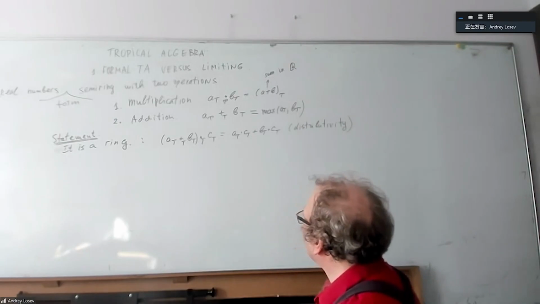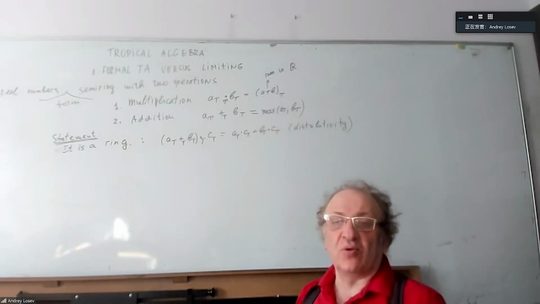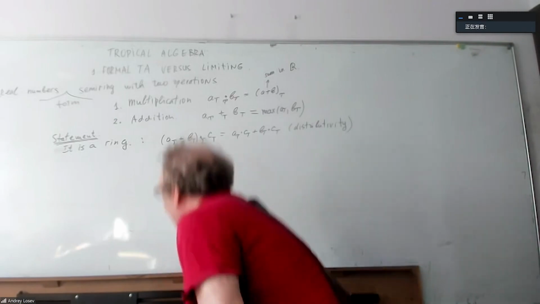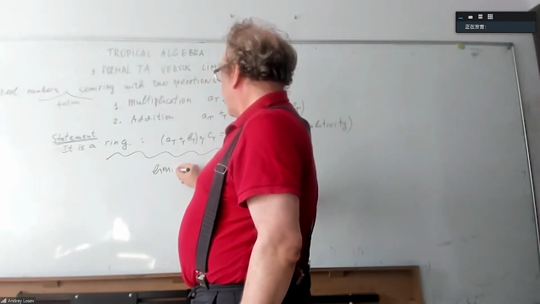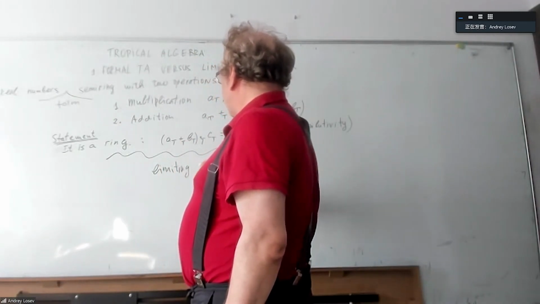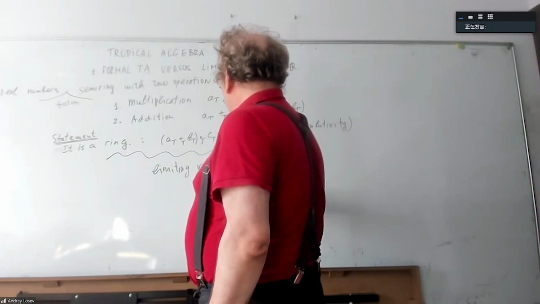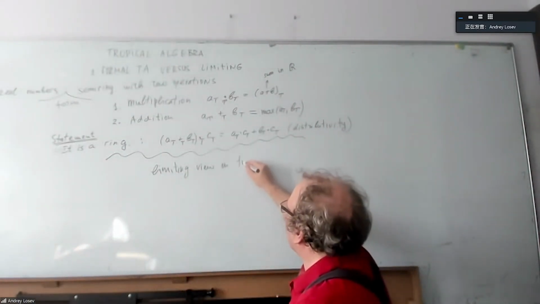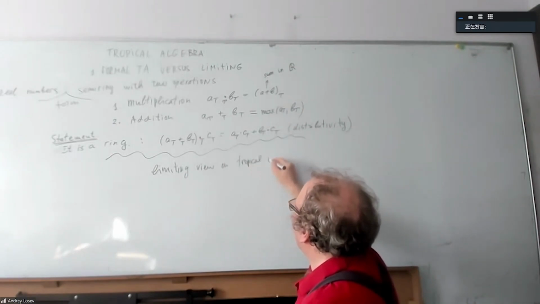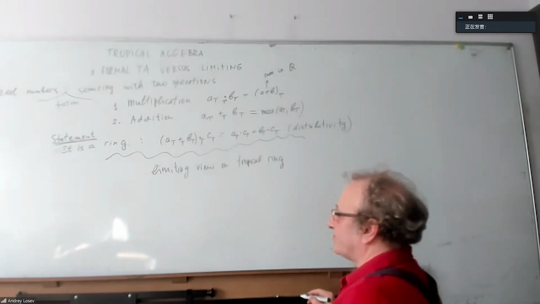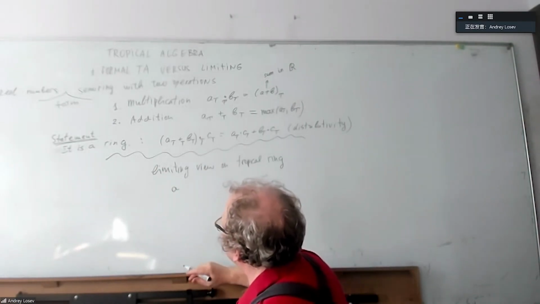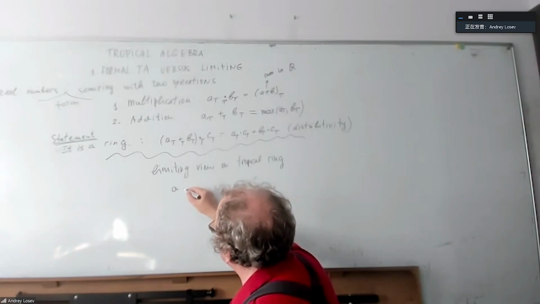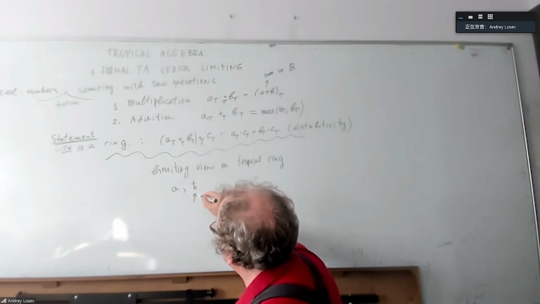Now, there is also a limiting point of view. The limiting view on the tropical ring says the following: let me take A and let me take H bar, a real number, a positive number.